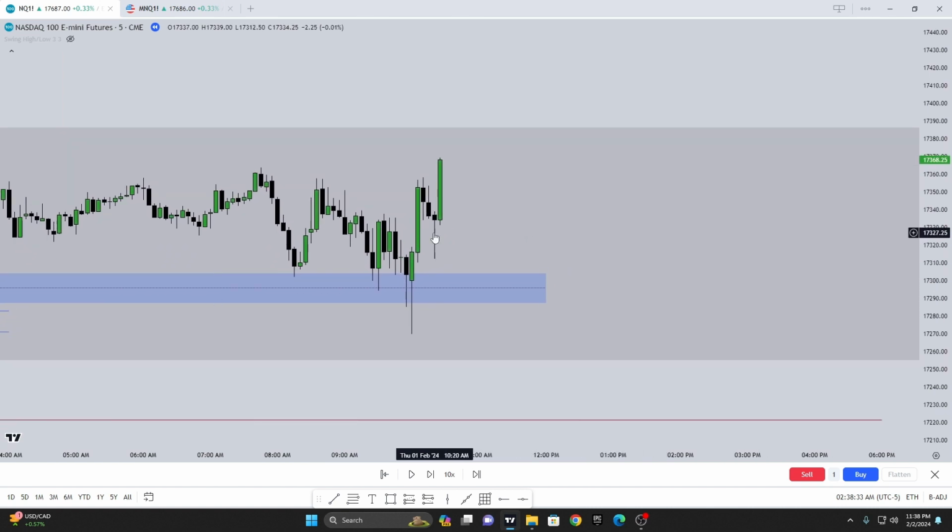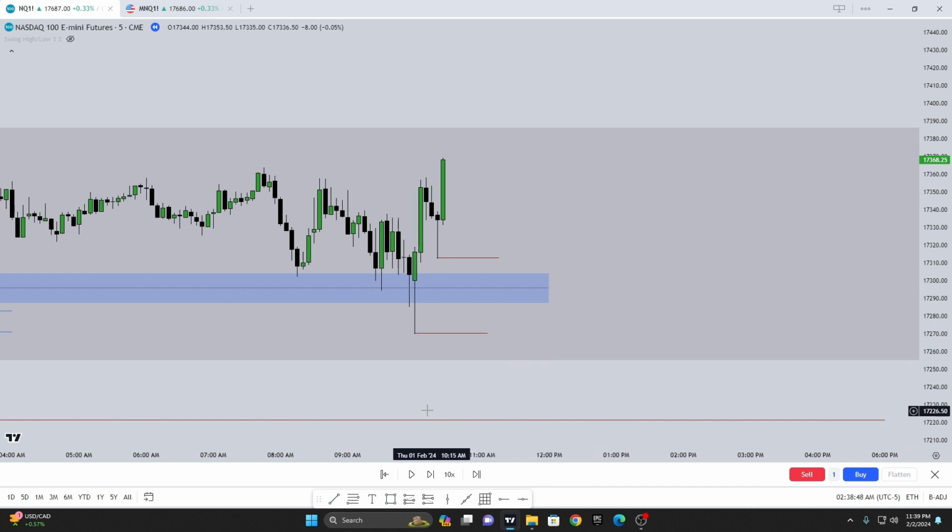And what do we have here? We have 2 swing lows that we could possibly take out. Mark this out right here. Mark out here, and then we're going to mark out this one right here. Okay. Now we're just simply going to wait and see if price takes out these swing lows.